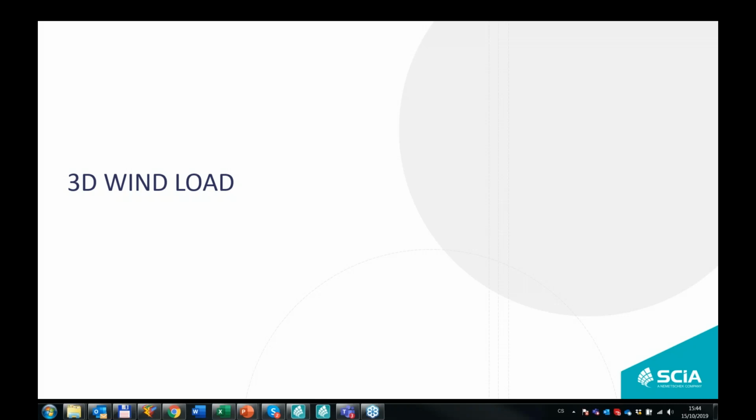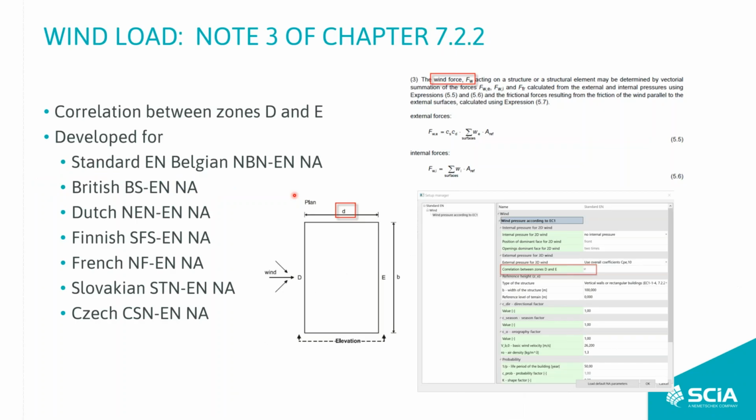Thank you, Vladimir. Let's start with something which is also close to usability from the point of view of loading. We also made a couple of enhancements in our wind load generator. The first thing which I would like to share with you is the possibility to consider the correlation between the zones D and E, as it is written in the following annexes.